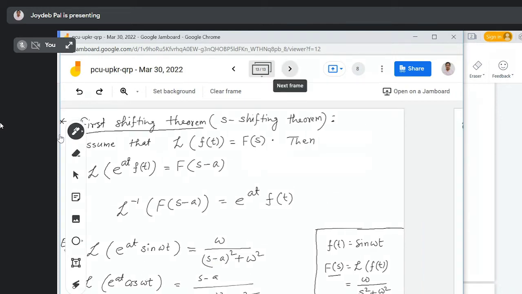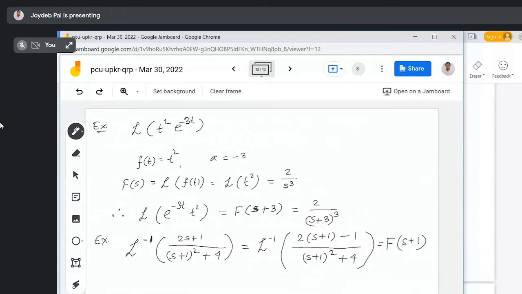Now tell me, sorry, it is not exactly f of s plus 1, it is Laplace inverse of f of s plus 1. Right? And after Laplace inverse, it will be a function of t.